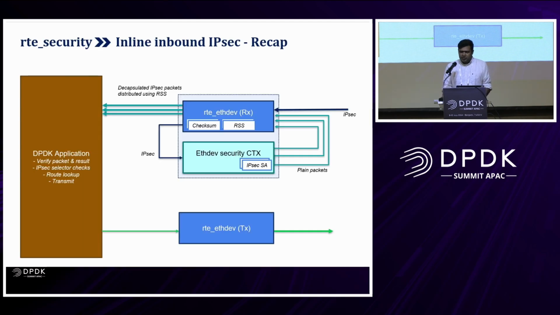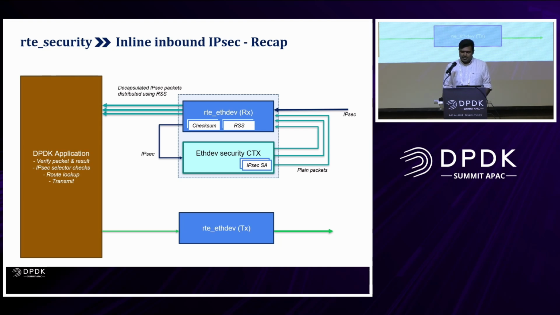First, we will do a quick recap of inline IPsec support available in DPDK via RT Security. IPsec is a network security protocol operating at IP level. It aims at protecting the complete payload. In fact, the most common use case with IPsec is tunnel mode, where we take the complete IP packet as the payload and then send that with IP addresses that are unique to the tunnel.